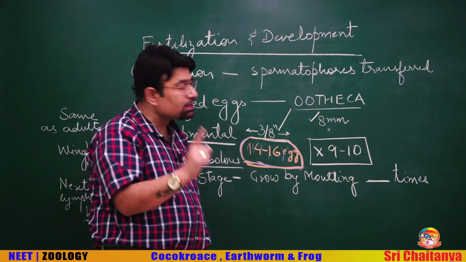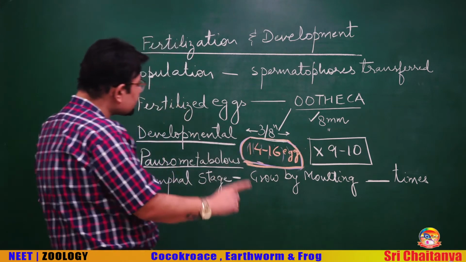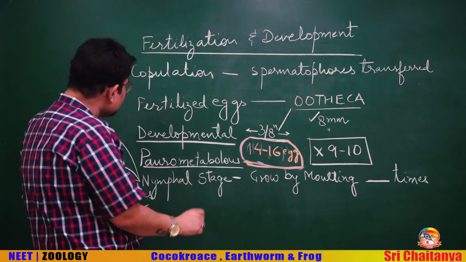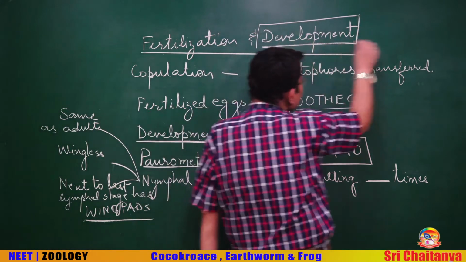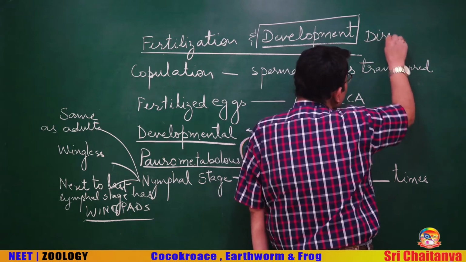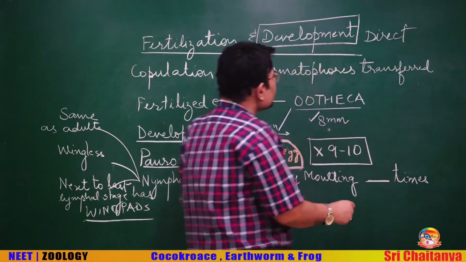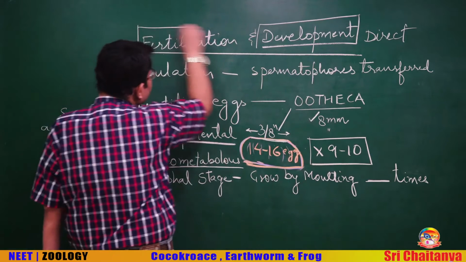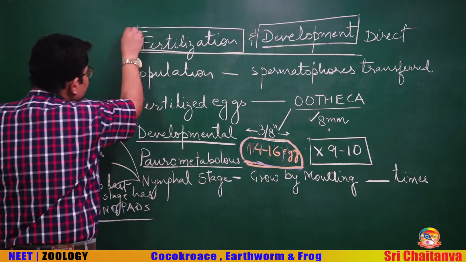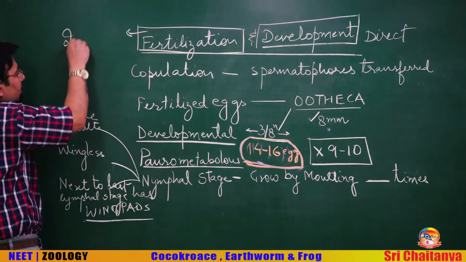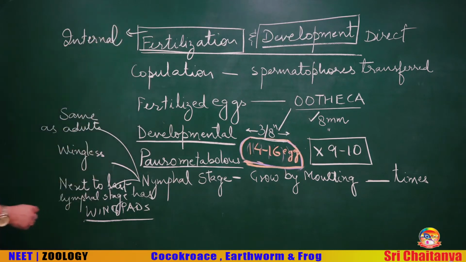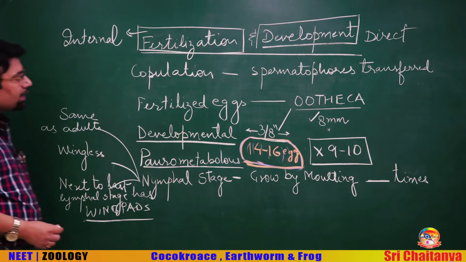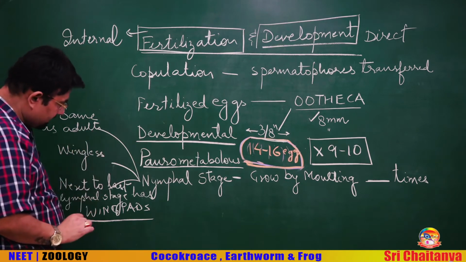Because there is no larval stage, we can call this development direct. And where is the fertilization occurring, external or internal? It is internal. Fertilization is internal and development is direct. Only the nymphal stage is there.